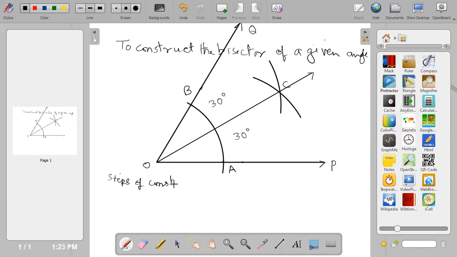Whenever construction comes, you have to write all steps, but in short, not so long. First, we have been given the angle, so no need to write. With center O and any radius, draw an arc intersecting OP and OQ at A and B.